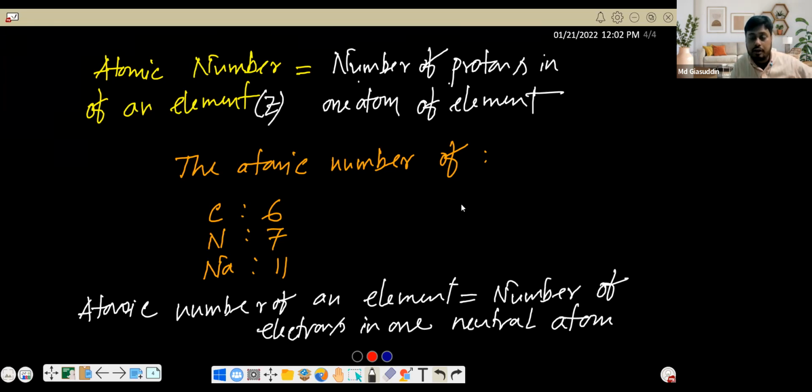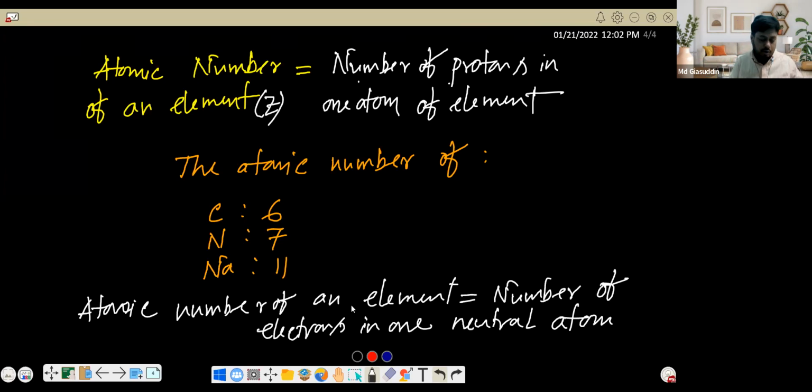No, sir. Can you repeat it once, please? Yes. What I am saying is that in a neutral atom the number of protons and electrons are the same, or not? Same. So can we say that the atomic number of an element, the number of protons in an atom, is equal to the number of electrons in a neutral atom? Yes, sir. Okay, so that is the thing. I just wanted to make you understand.